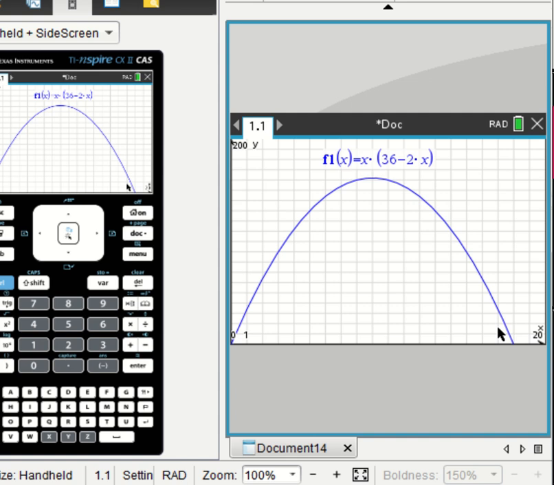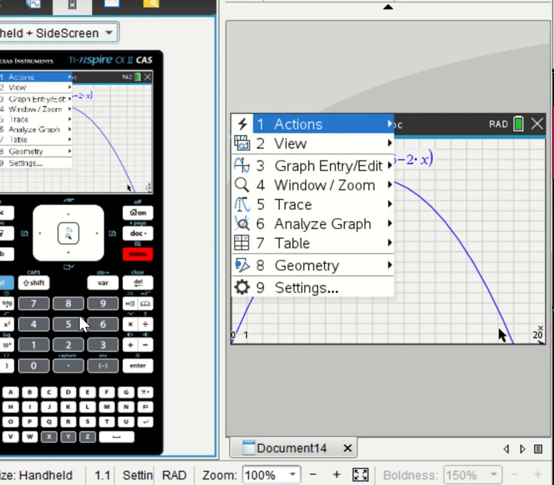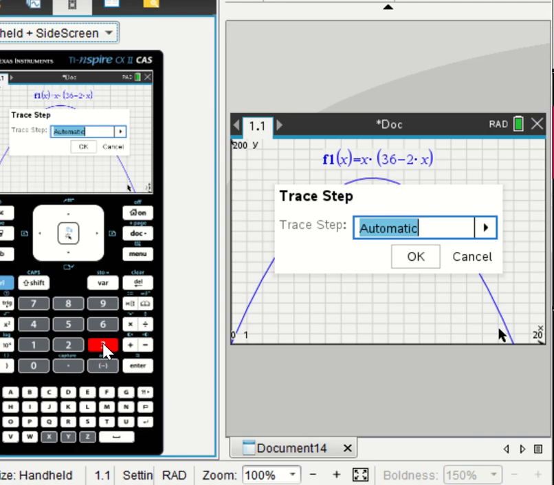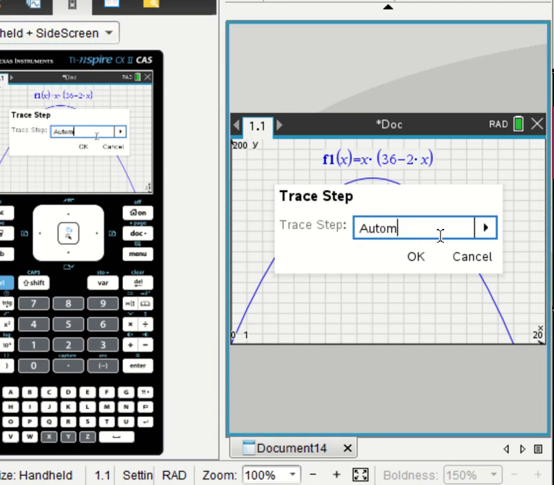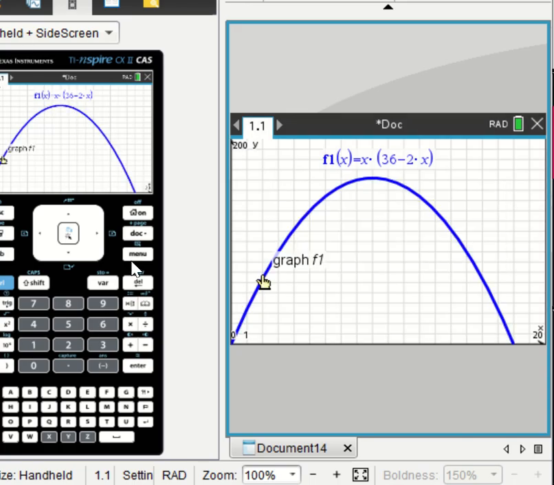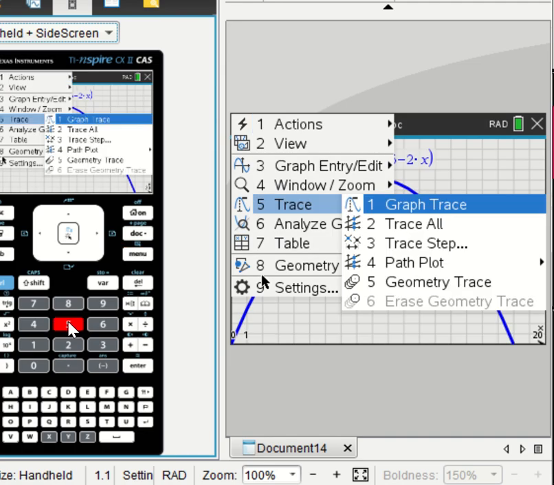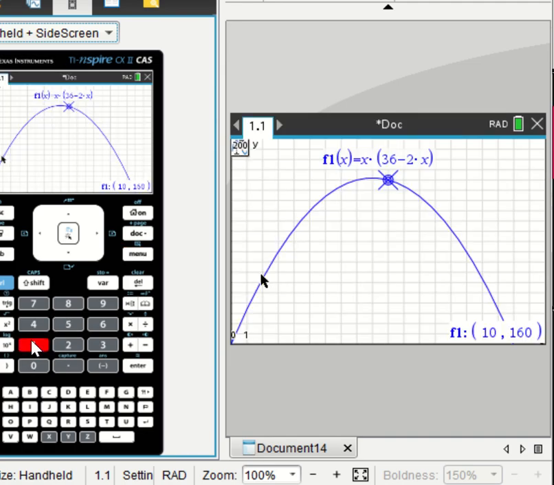So we can get all our points, menu, 5, 3, set our trace step to 1 because we want our x's counting by 1's. Then when I do menu 5, 1, I do a graph trace. So I start at the origin, 0, 0, and then I'm going to go up to 3, 90.